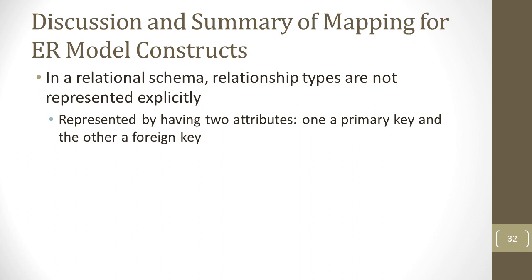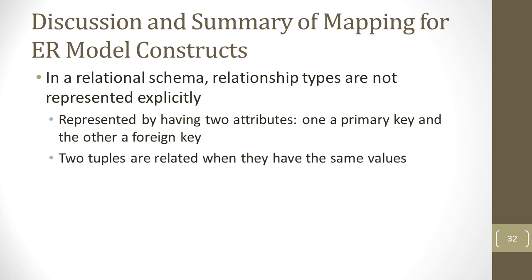So the primary key in one table is stored as a foreign key in another. So 2 tuples are related when they have the same values. So if you have student ID number in a student table, and then you're storing that in a major table, for example, well, when you have the same value in both tables, that means they're related.